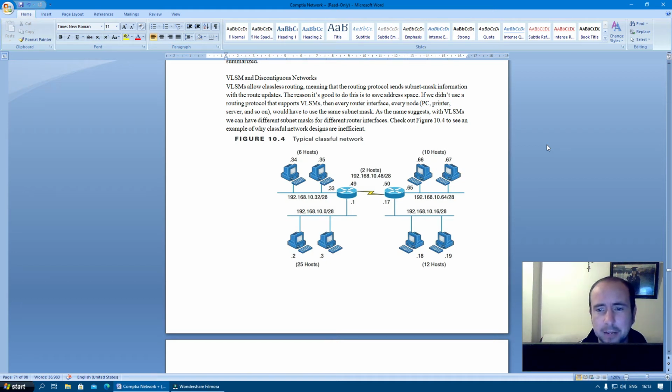As the name suggests, with VLSMs we can have different subnet masks for different router interfaces. Check out Figure 10.4 to see an example of why classful network designs are inefficient.